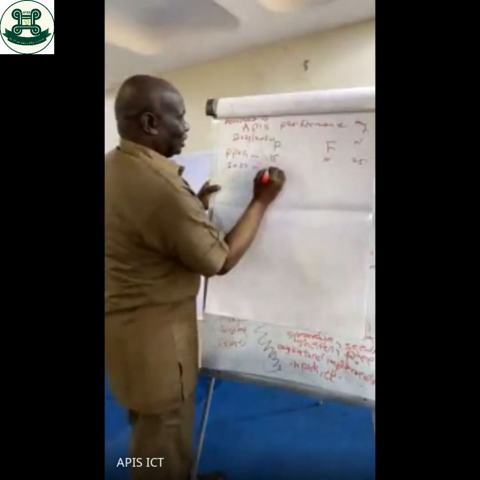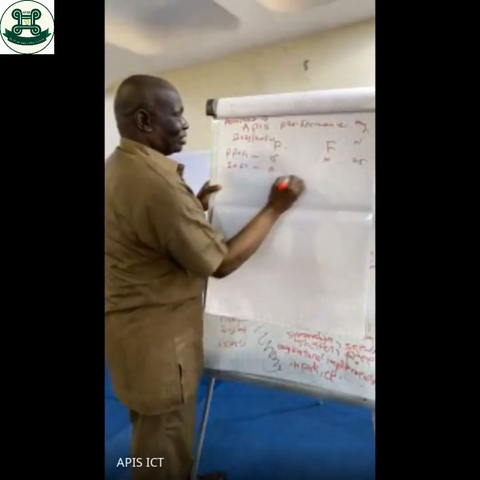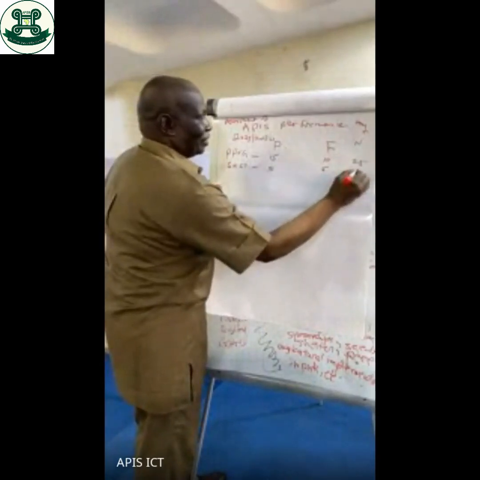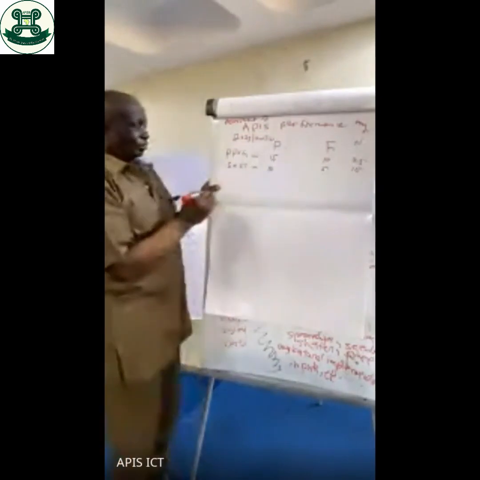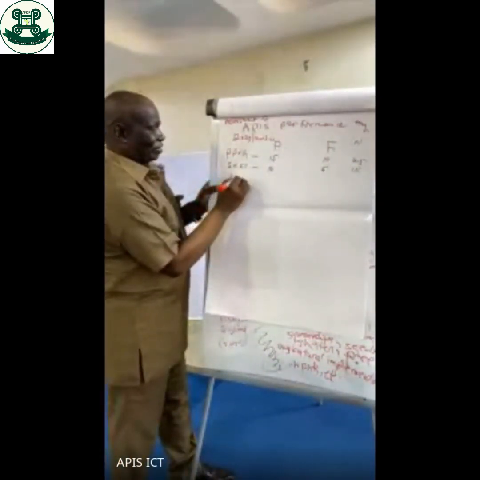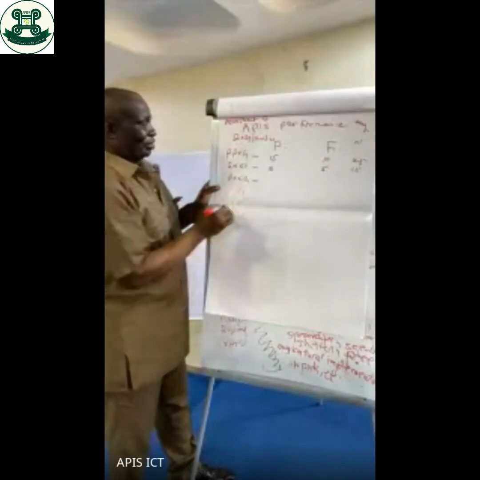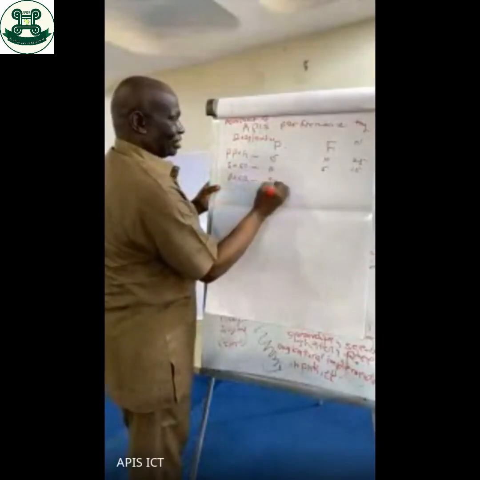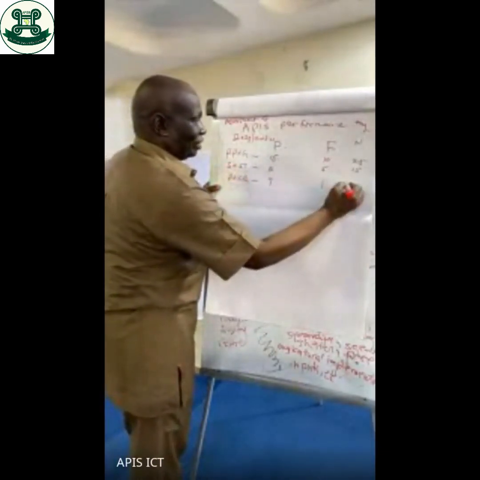You have 10 pass, 5 fail, total of 15. Peace and conflict resolution. Okay, 9 pass, 1 fail, 10.